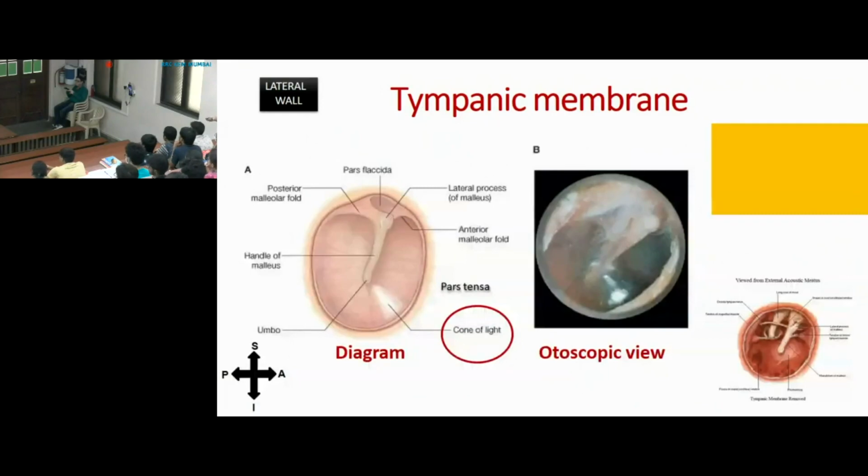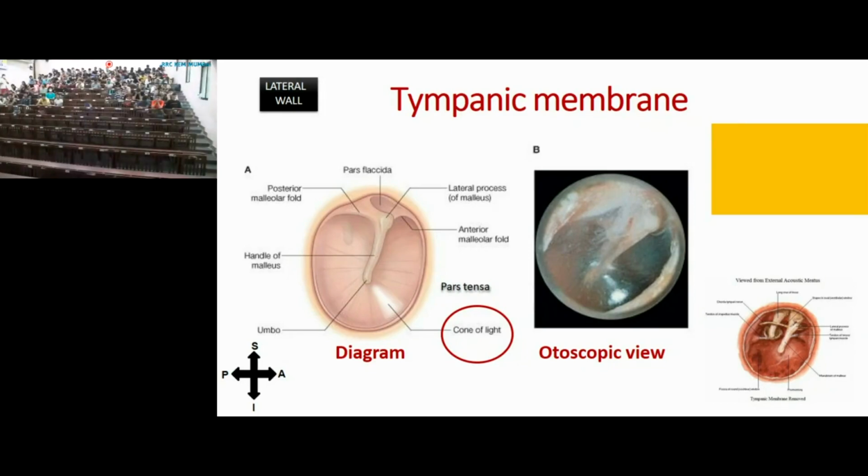Now if you see using an otoscope how this tympanic membrane appears, it is pearly white in color and you can see the structures which are present inside very clearly. This long process which is seen inside the tympanic membrane, this is the outer layer of the tympanic membrane, that is skin, hairless stratified squamous epithelium. Here you can see the handle of malleus, and running posteriorly parallel to the handle of malleus is the long process of the incus.